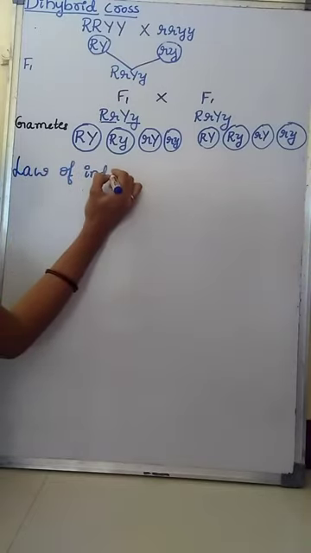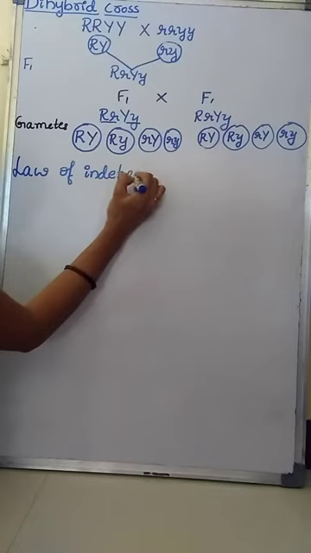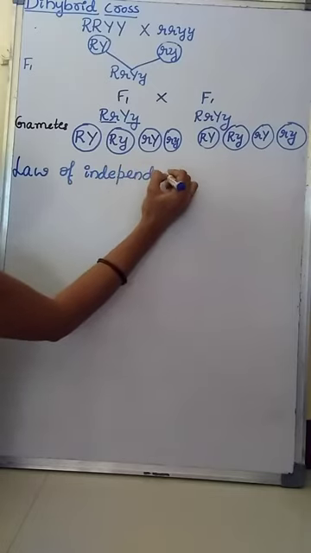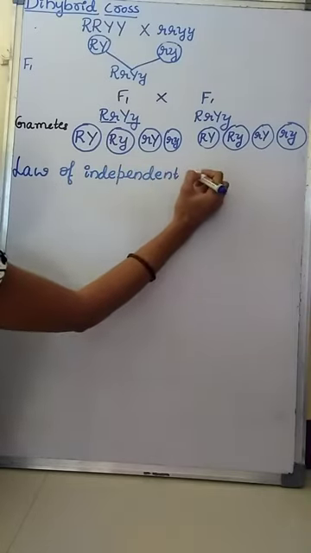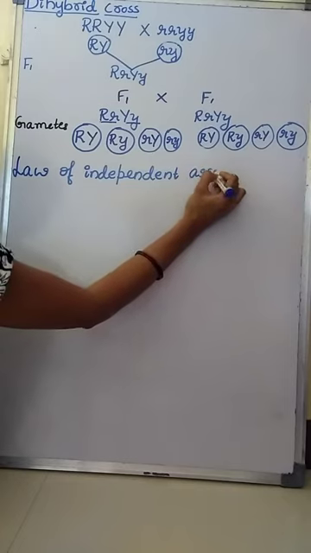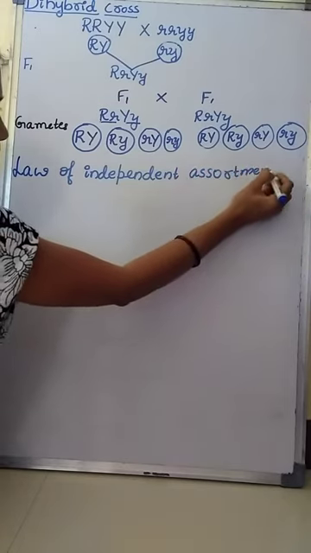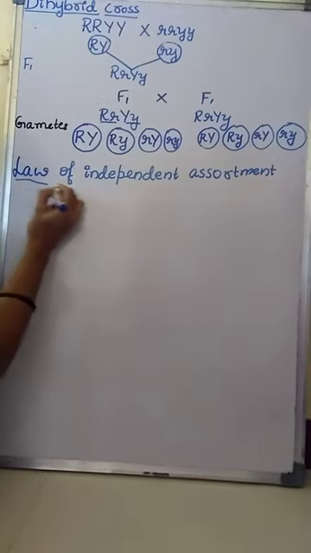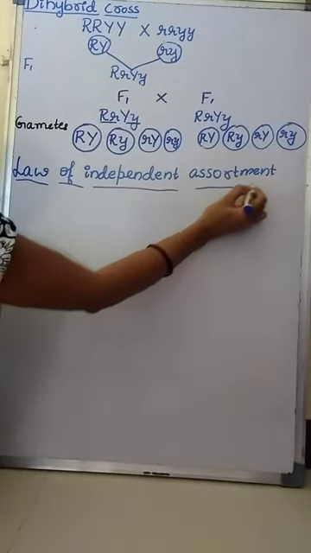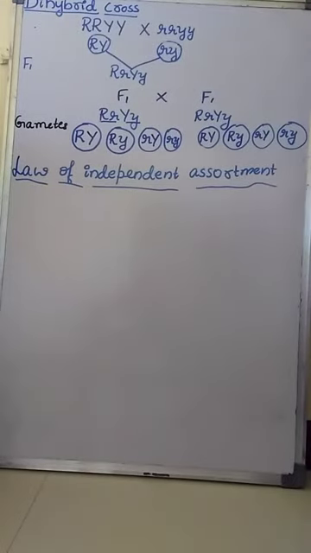The formation of the gametes explains the law of independent assortment. Why are these types of gametes produced here? That is because of the law of independent assortment.